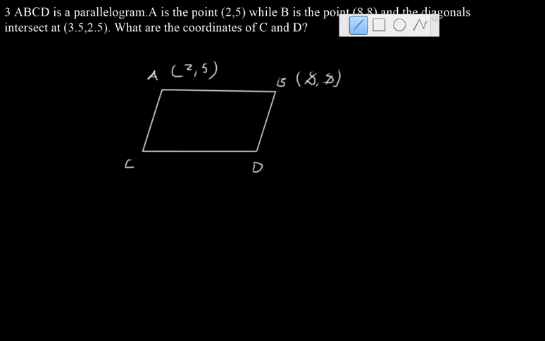Let's draw them in red. So diagonals are simply lines running from one point to the opposite point, like that. Okay, and we are given the coordinates of the point of intersection of these diagonals, which is there.